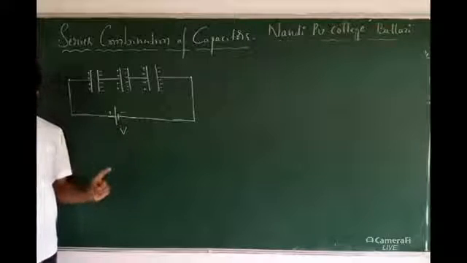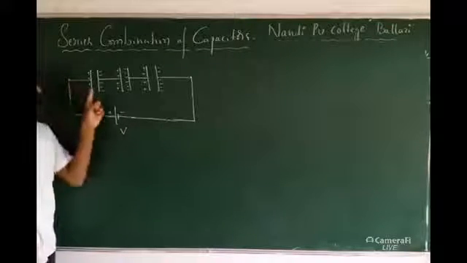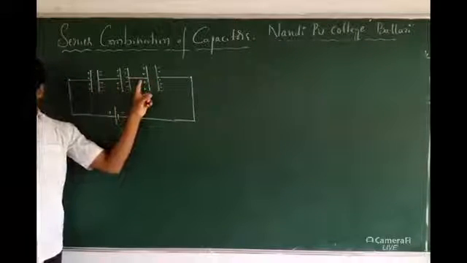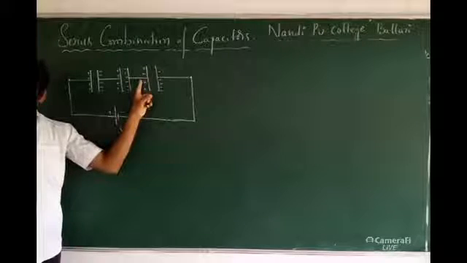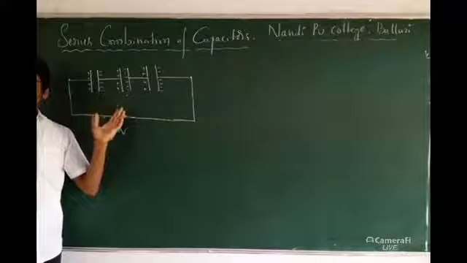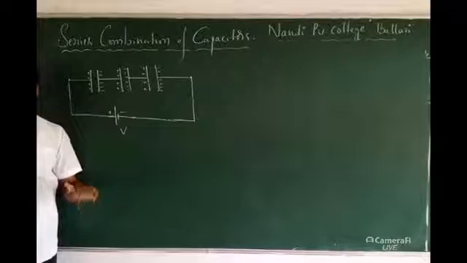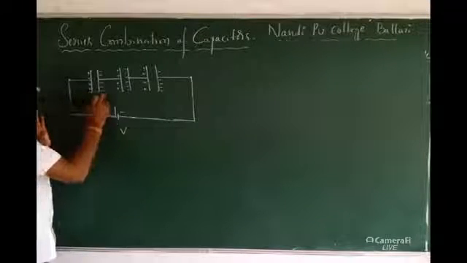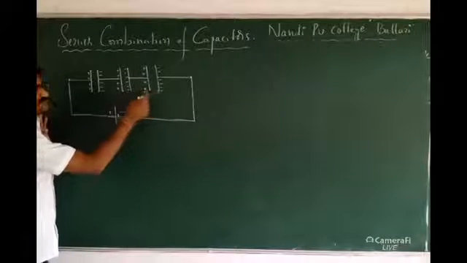Actually, as per your basic idea, this terminal gives positive and this terminal gives negative, and the rest of the terminals have zero potential, zero charge. Generally I am telling this, but it is not happening. Why? Because these are metal plates, so there will be induction. This is positive, this is negative, due to induction.